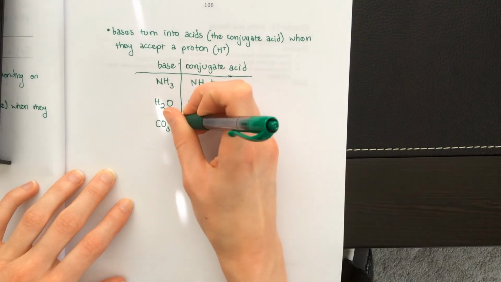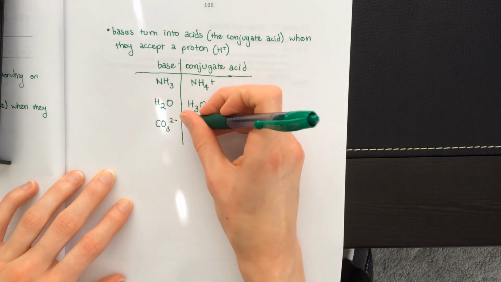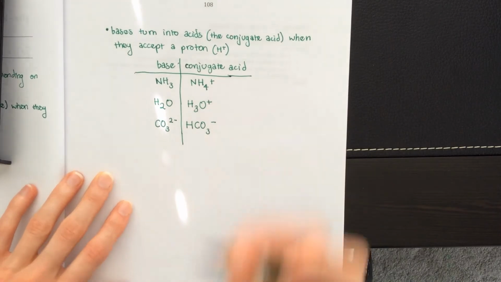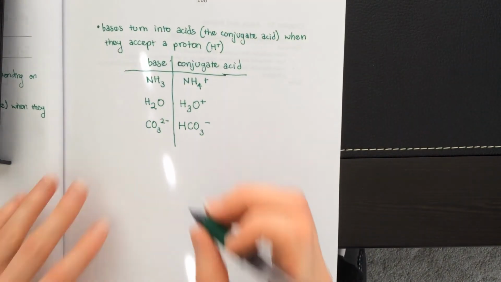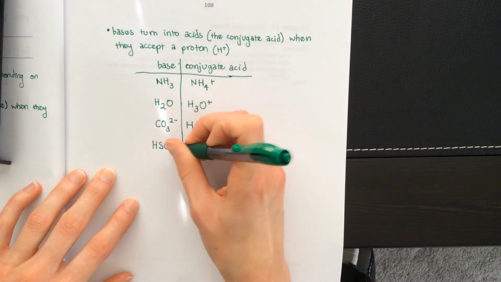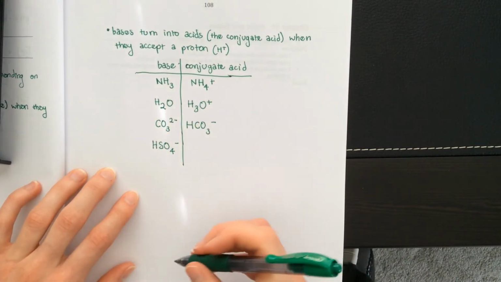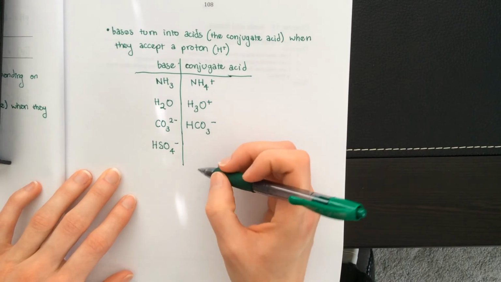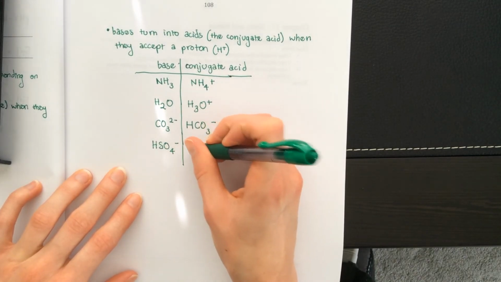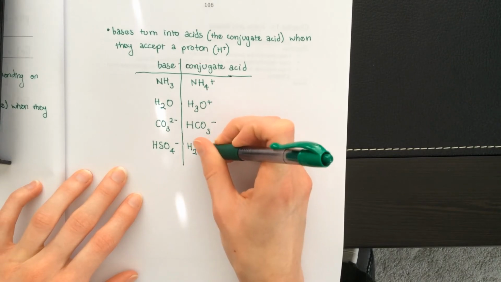CO3 2-, carbonate ion, can accept an H, and then it becomes a little bit less negative because it accepts a positive H. Again, like I said, some things can be acids and bases. You'll notice HSO4- was over there on the acid list, but it can also act as a base, and if it acts as a base, it's going to become H2SO4.